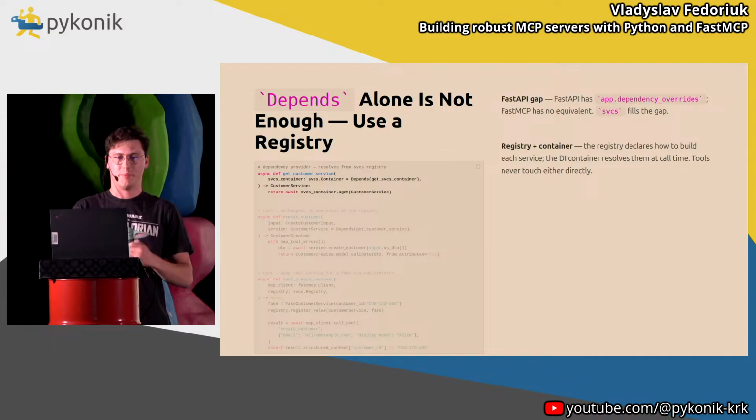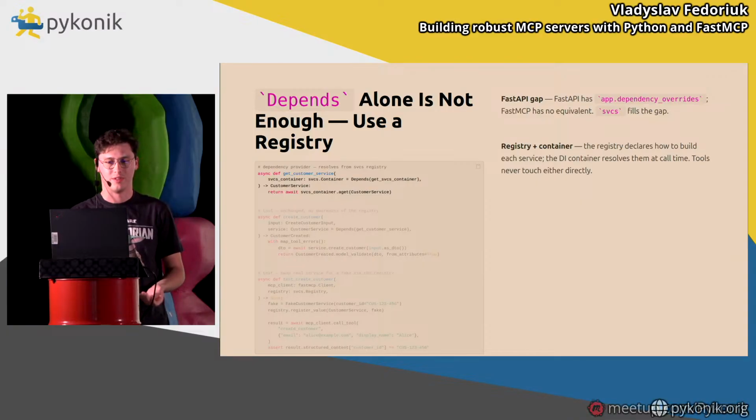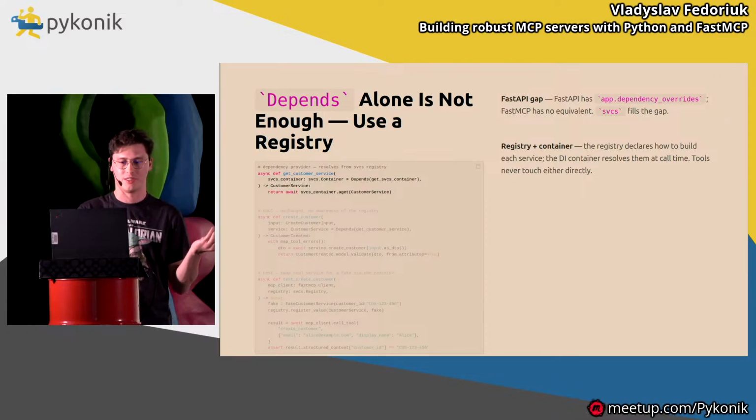So the benefit of it is that basically tools do not know that you have any registry or dependency injection container. All they see is dependencies from FastMCP, but you can wire them up in such a way that those dependencies from FastMCP would operate upon the services registry or services container.